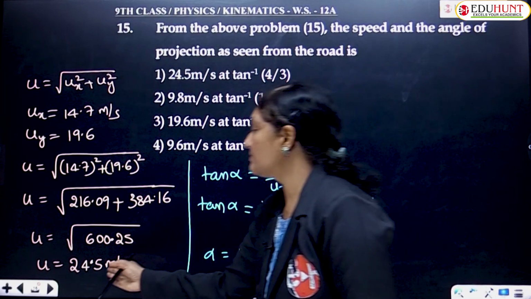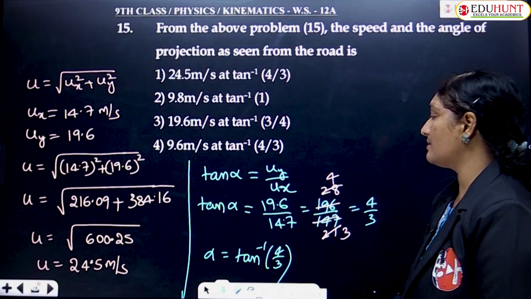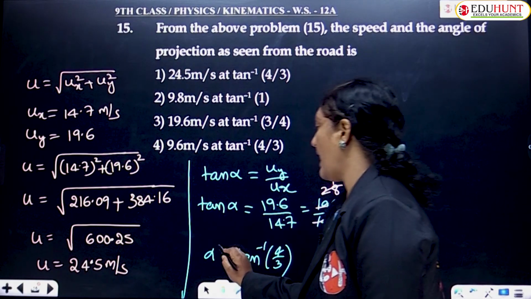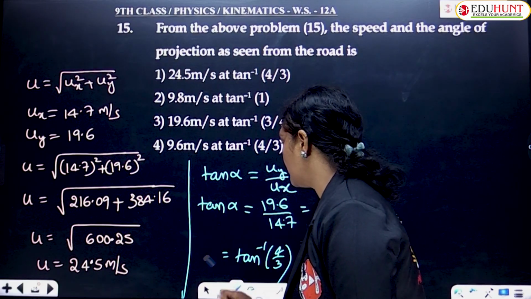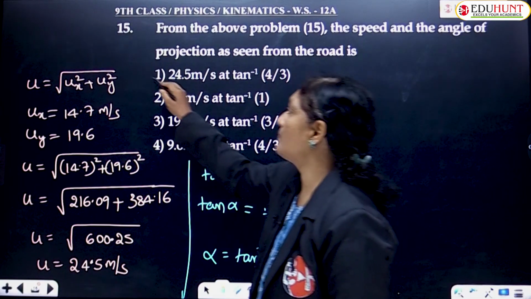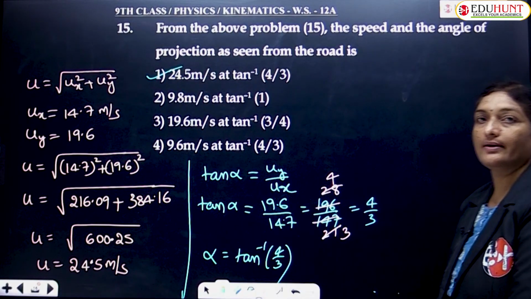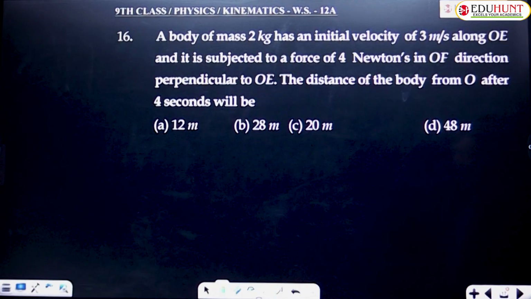So, u value was found to be 24.5 meter per second approximately, whereas the angle alpha is found to be tan inverse of 4 by 3. Hence, the first option must be true. Okay, children? Well, so now moving with the next question, that is question number 16.